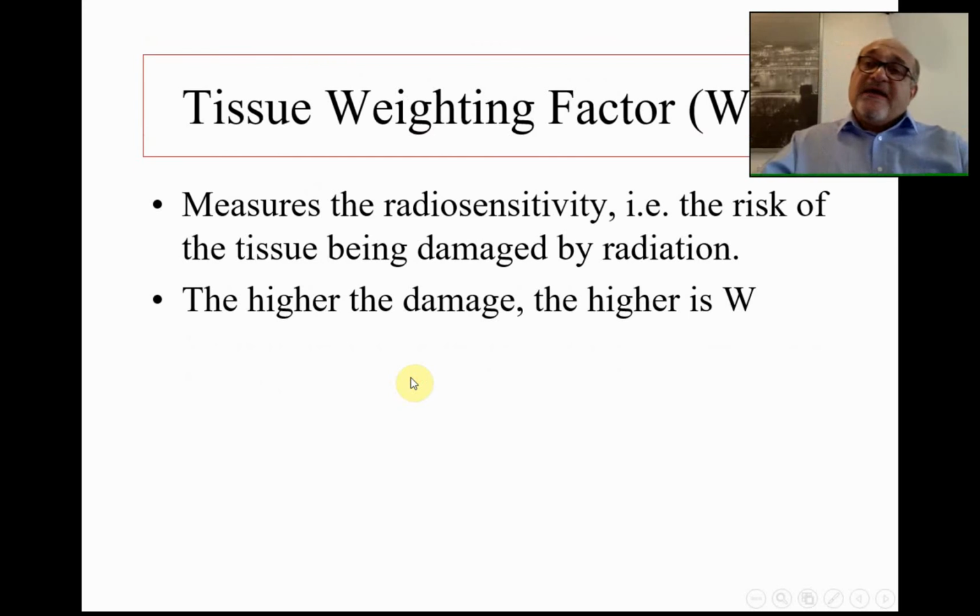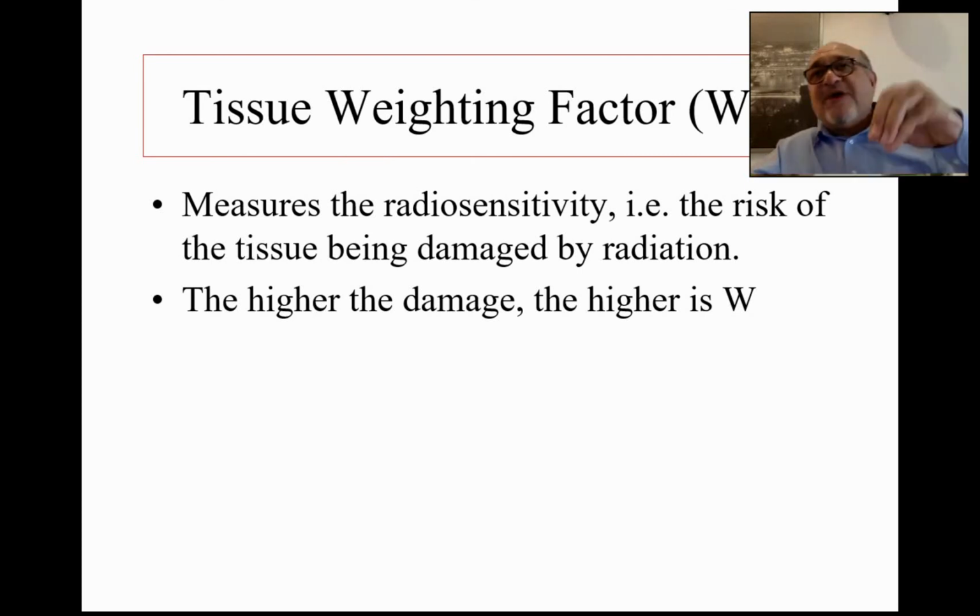Okay. In order to achieve this, as we know that tissues react differently to radiation, the radiosensitivity is different. Then we have to specify the radiosensitivity of tissues, and this is expressed by the tissue weighting factor, or the WT.